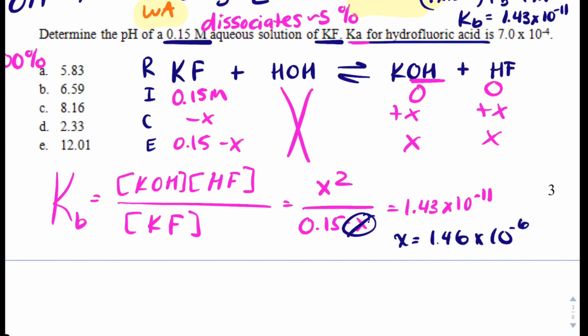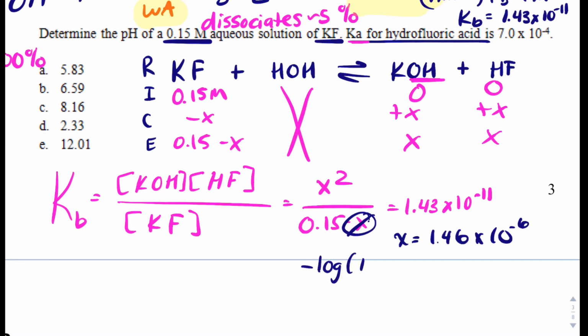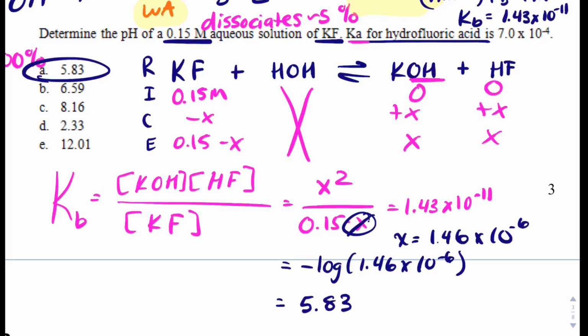So I want pH, so I'm going to take the negative log of 1.46 times 10 to the minus 6. I know that that is going to equal about 5 point something, a little bit more than 5.5, but minus log of this, 5.83. And notice that's an answer. But because x was hydroxide, this is pOH. So I'm going to take 14 minus 5.83, and I get 8.17.